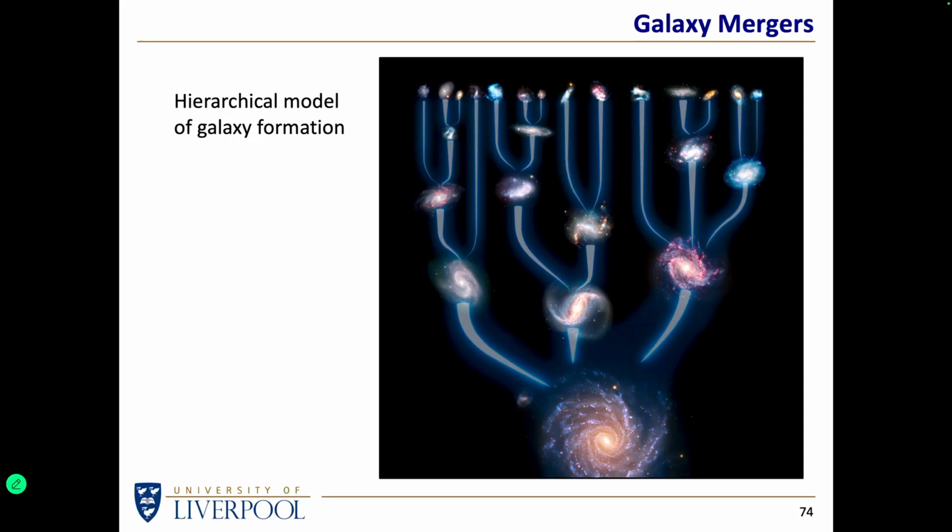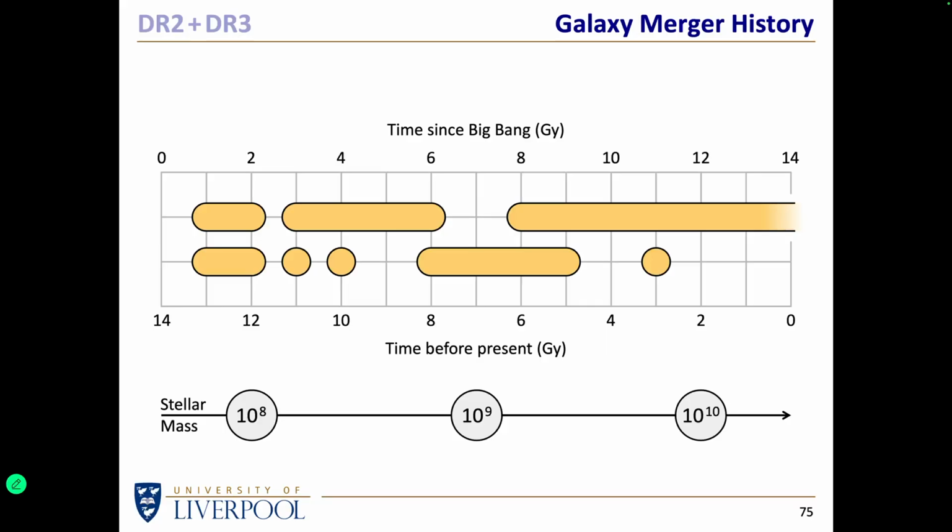And the Gaia data, the orbits of stars, definitely backs up that idea. We can get an idea of the galaxy merger history of the Milky Way, here plotted with the Big Bang on the left and now on the right. And we think there have been a number of interactions with different galaxies over past billions of years.